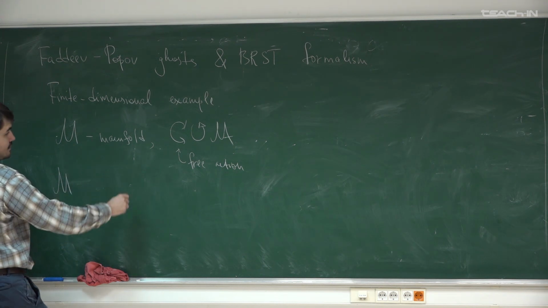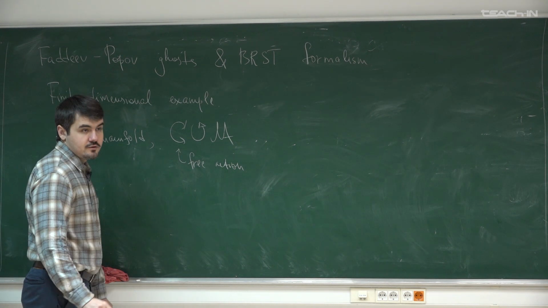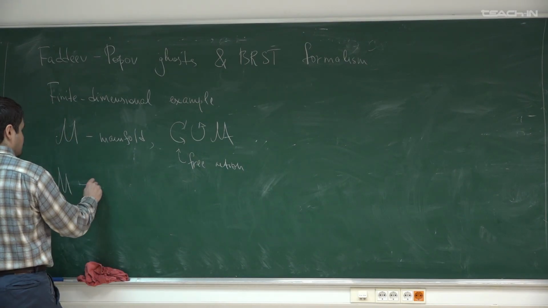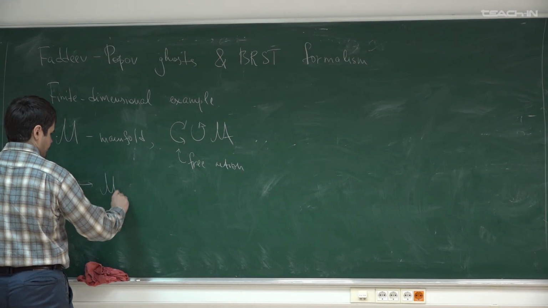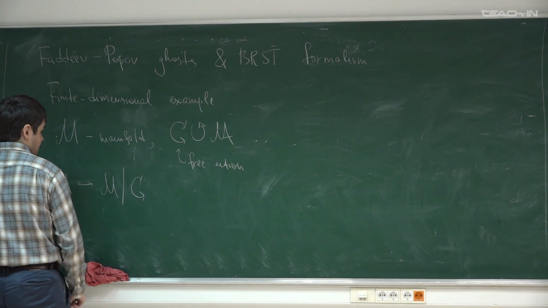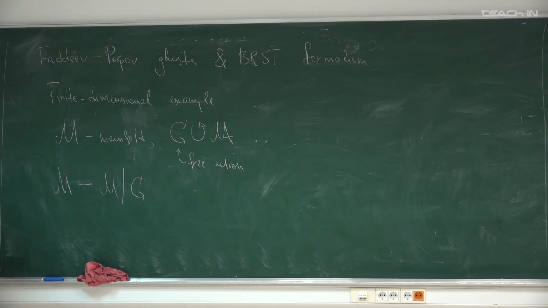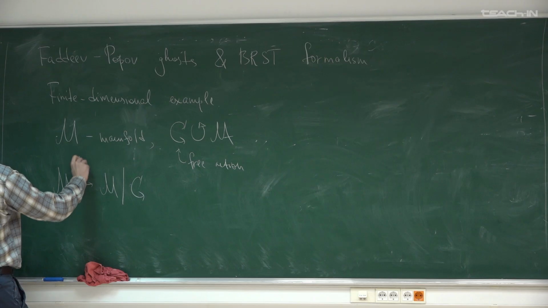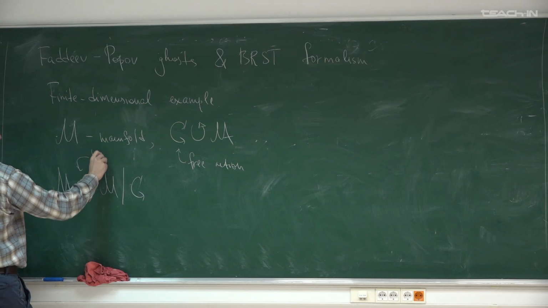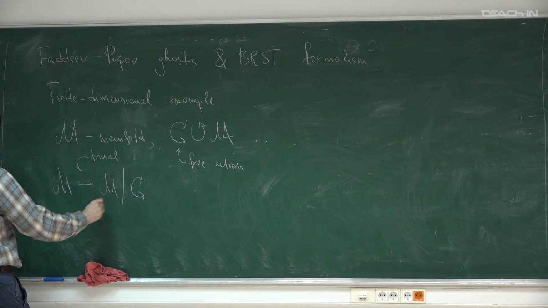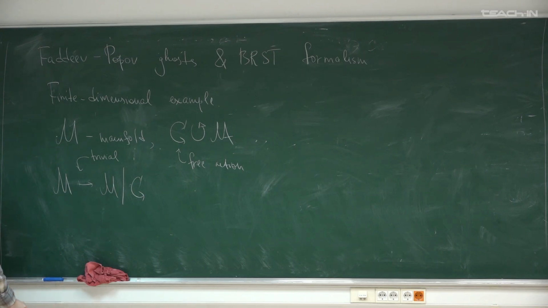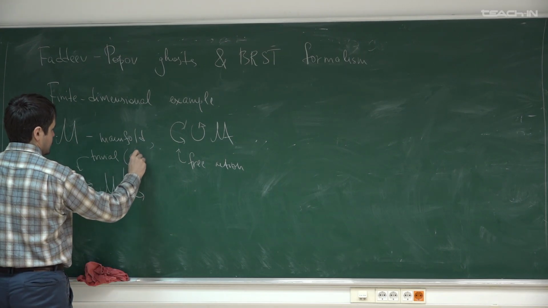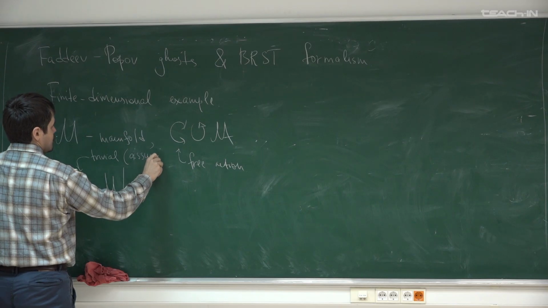In the case of free action, the quotient is a smooth manifold, and we will assume that the projection from M to M over G is a trivial fiber bundle with fiber G. We assume this is trivial again for simplicity.